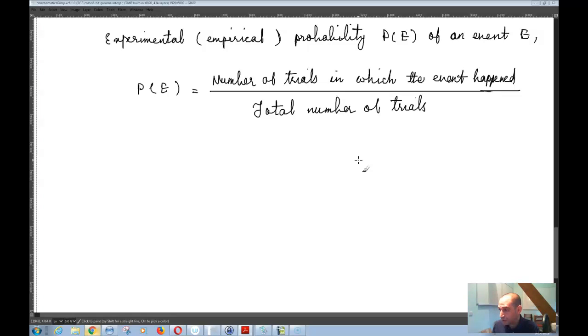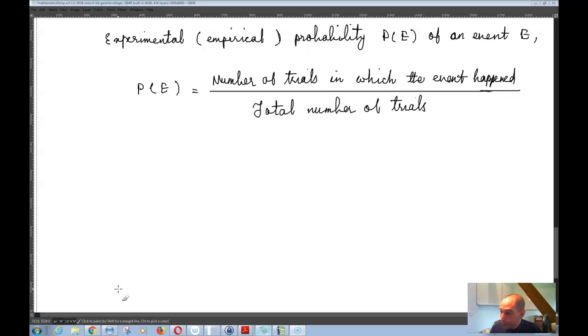Now, the assumption of equally likely outcomes, which is valid in many experiments, as in the two examples above of a coin and a dice, is one such assumption that leads us to the following definition of probability of an event.